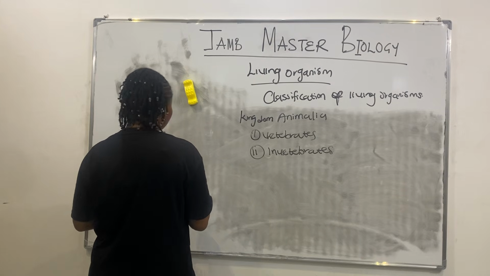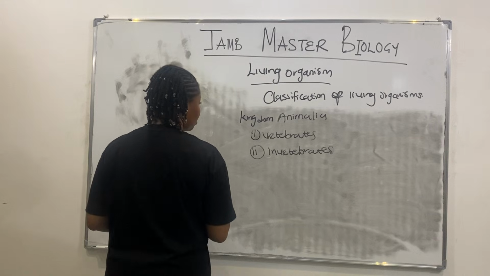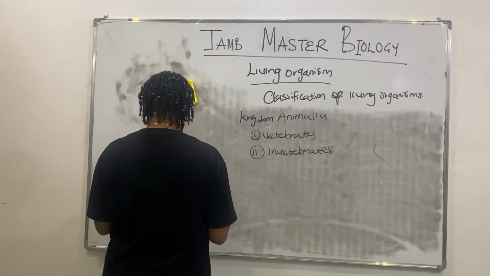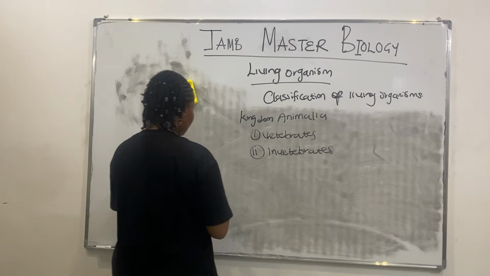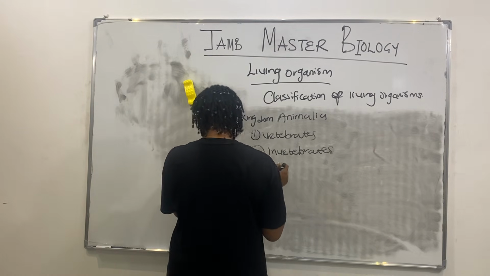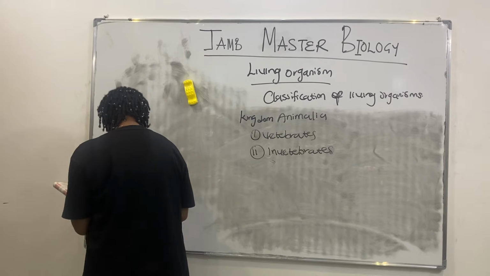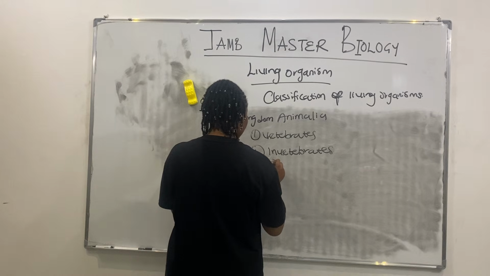I'll be listing out the vertebrates and invertebrates for us. So under the vertebrates, if I list it here, it's not going to be enough because they are big, right? So I'll start with invertebrates. Under the invertebrates, we have Porifera.